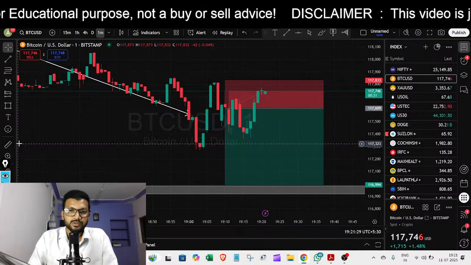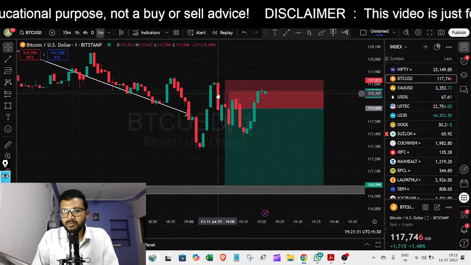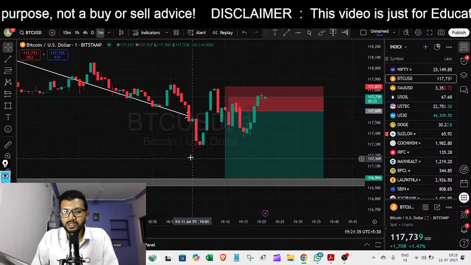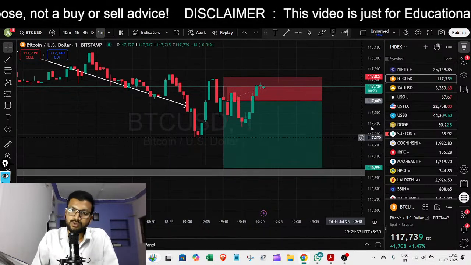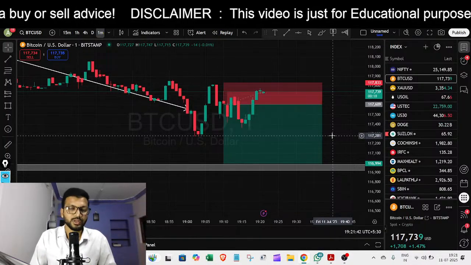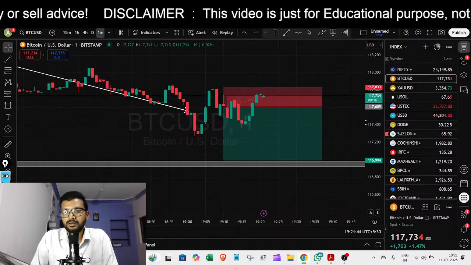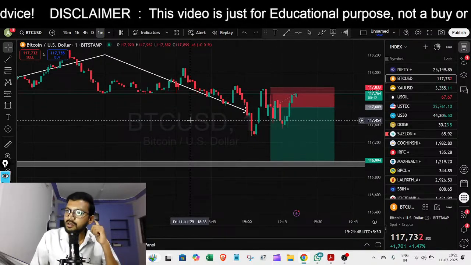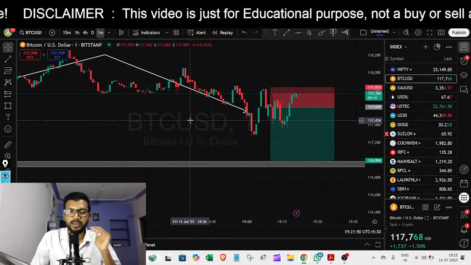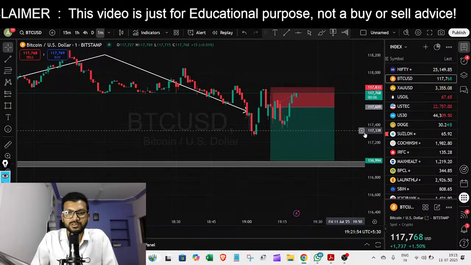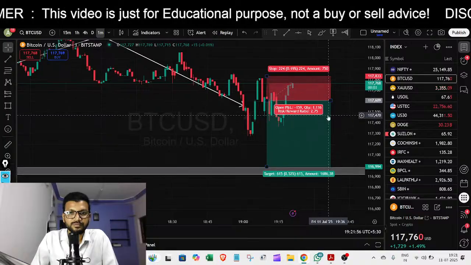So keep a very small SL, work on small SLs, and if the market is moving in your direction, try to hold the trade as long as possible. You can go on trailing for 1:1, 1:2, 1:3 so that you keep securing, and if the market is trending, you can capture the whole trend by keeping proper stop losses and trailing them.